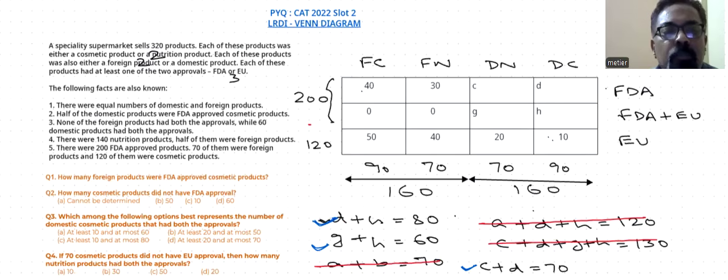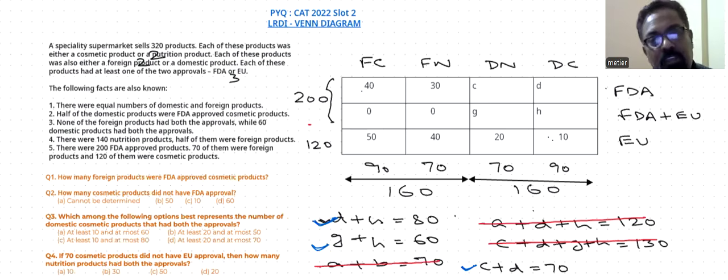First, question number 1. How many foreign products were FDA approved cosmetic products? There are three keywords here. One is foreign, then FDA approved, meaning first and second row. Foreign means first and second column, and it is cosmetic. So foreign cosmetic is the first column, and first and second row.